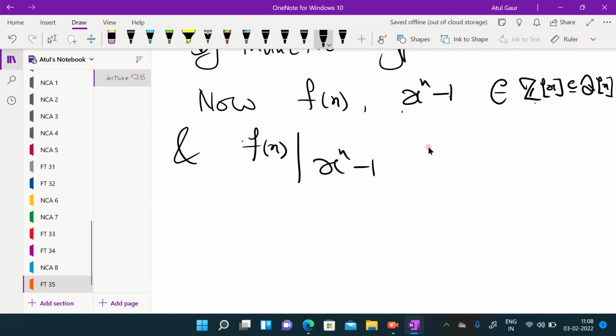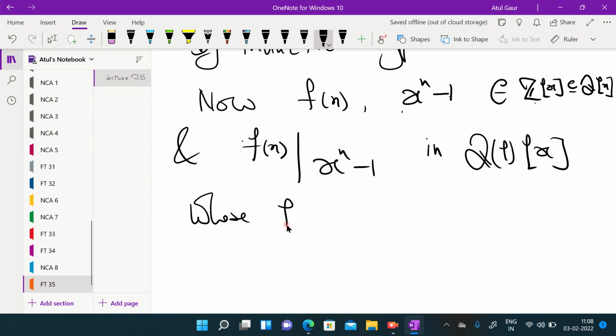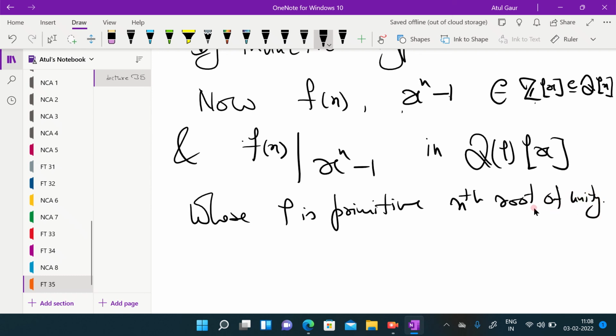So this division takes place in, let's say, q rho x, where rho is a primitive nth root of unity. Now we can apply the earlier remark: these two polynomials are over qx. If we divide in the extension, then we also divide over q.